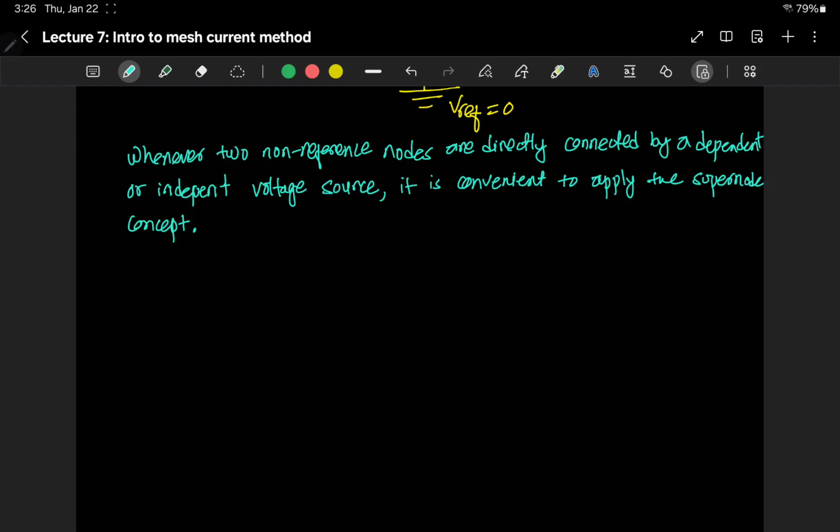So now we assign current directions and polarity using the passive convention.